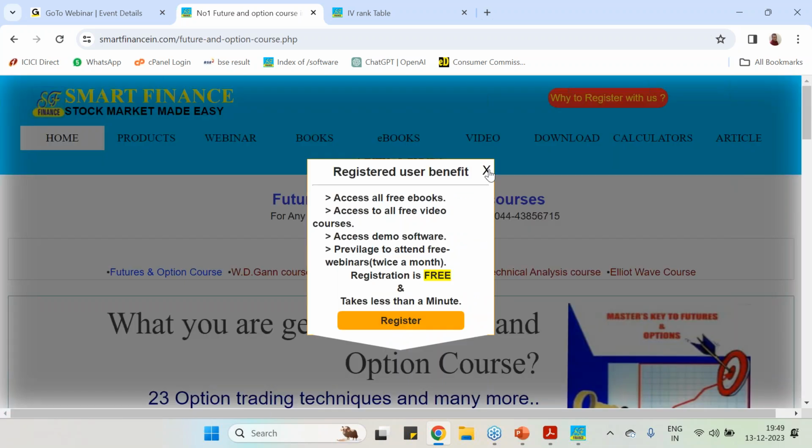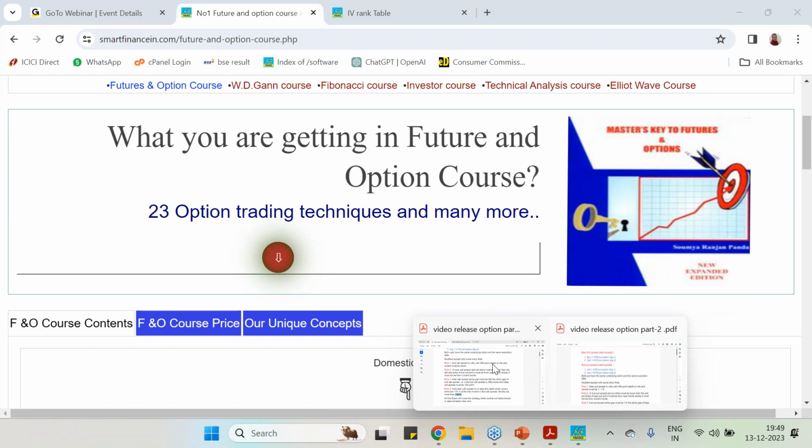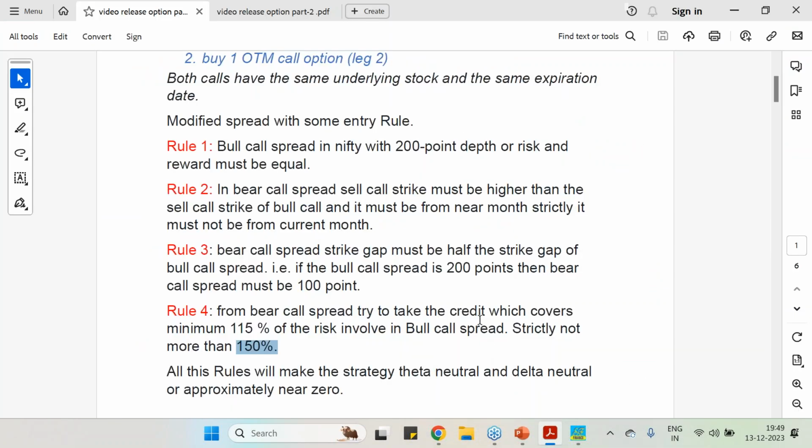So what is required? If I have a course, I should learn it properly. I should find out the fine print or rules given in that strategy, and I should accept these rules religiously, strictly.